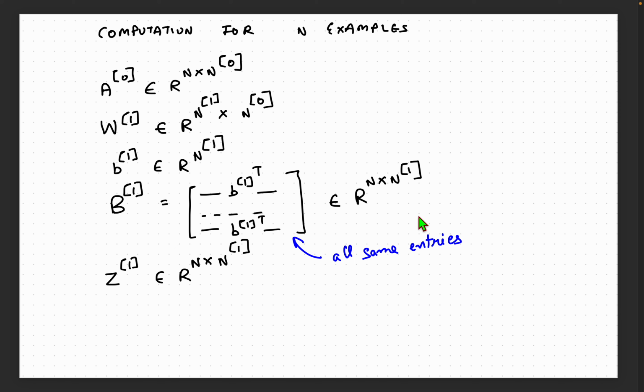So even if your bias has 1 cross n superscript 1 shape, for a single example, if you add that to n cross n superscript 1, it will automatically vectorize over the first dimension. For the mathematical explanation here, we are manually doing the vectorization, where each entry in this matrix is the same. This is known as broadcasting, where we just copy some of the elements over a particular dimension.